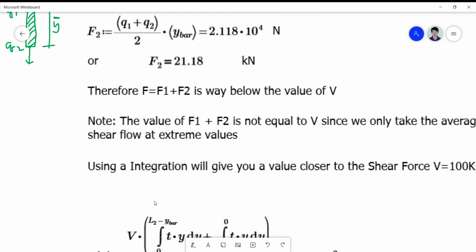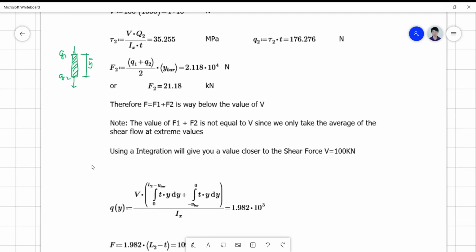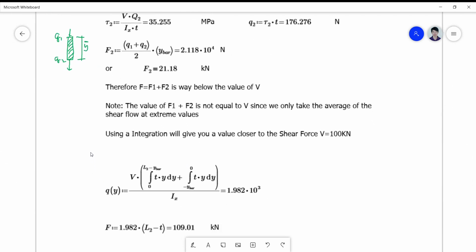So that's why, again, this is just to show you how it works, but this is not a good procedure on dealing with the shear forces because you are just taking the average of the shear flow at very extreme values. But there's a much better procedure, and that is of course by using integration or calculus.